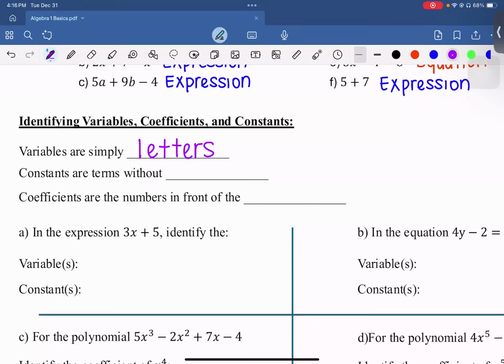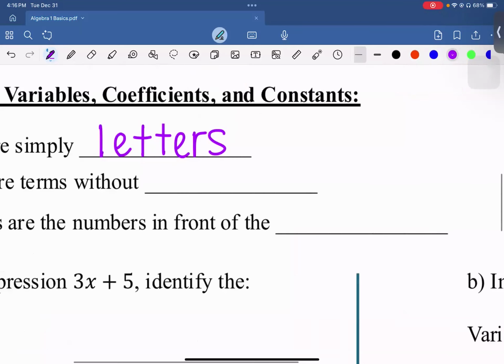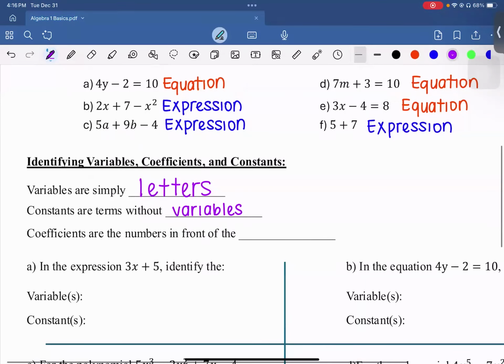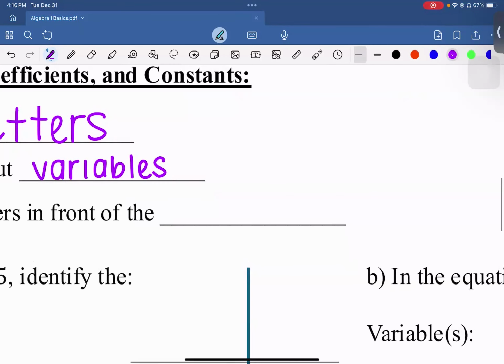Next up, we have constants. Constants are terms without variables. And coefficients are numbers in front of the variables. These are pretty simple, and the more you see them, the more you'll just know what they are.